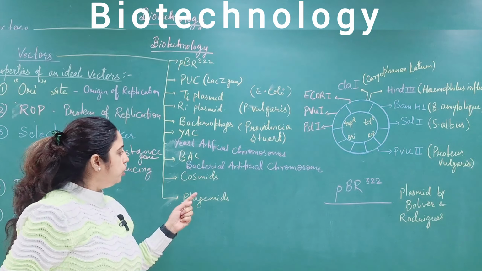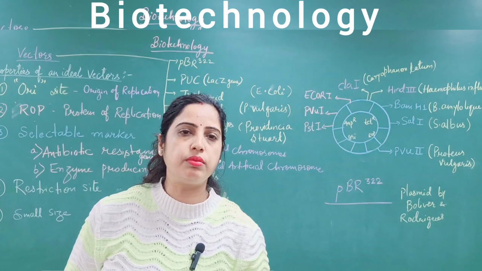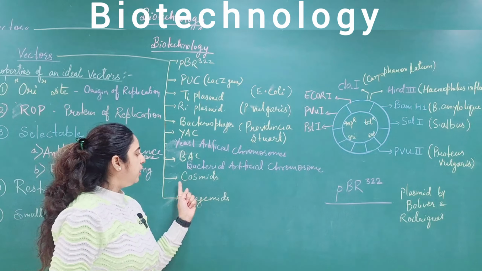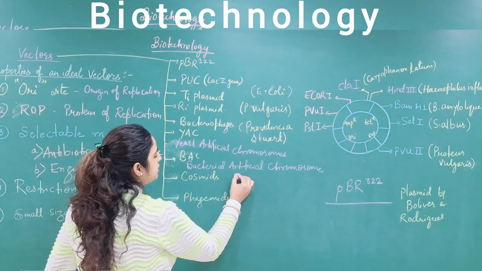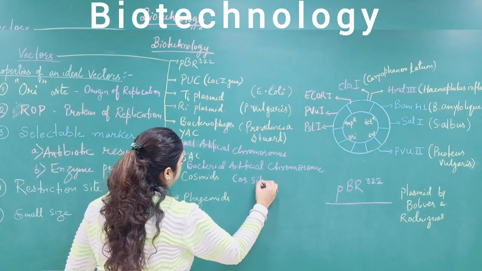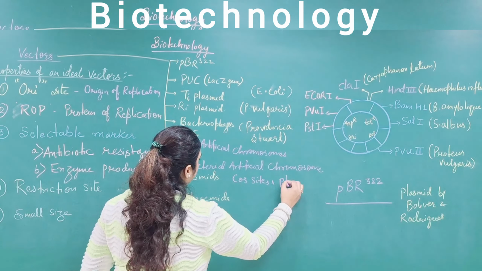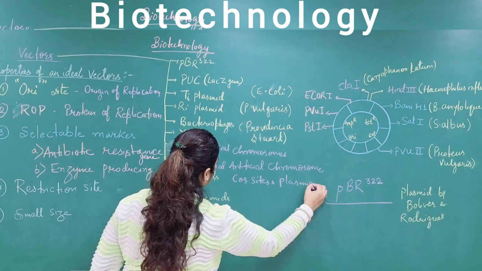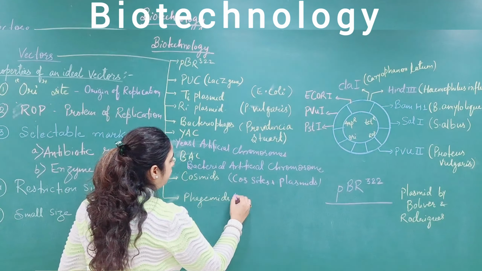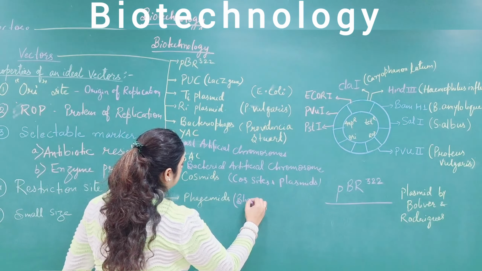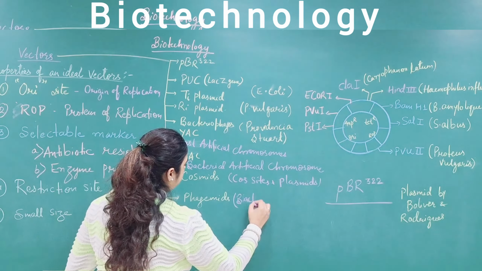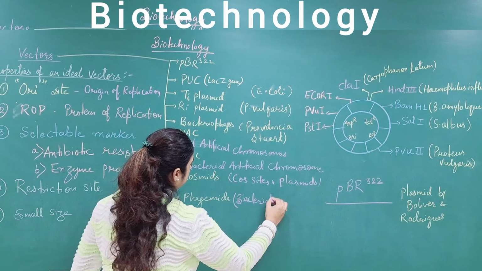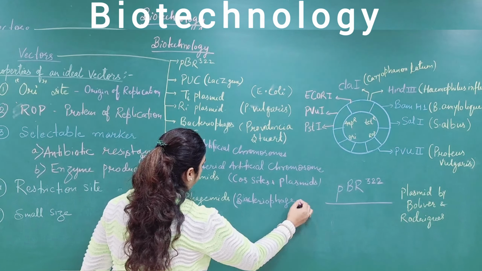Now, another two important vectors which were designed: cos site plus plasmid will give you cosmids, and bacteriophage plus plasmid is phagemid.